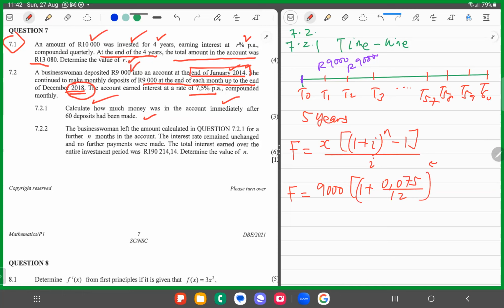But it's 5 years, counting from 2014 to 2018, from the beginning of 2014.